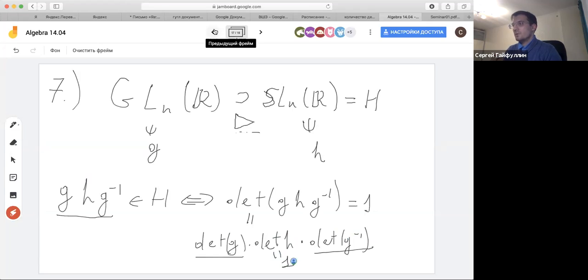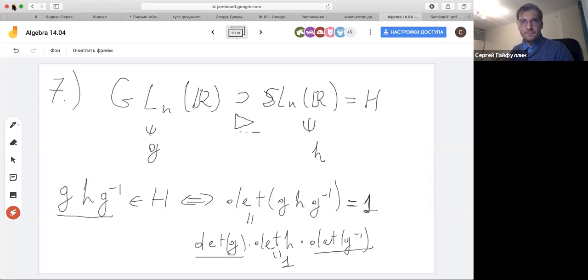So we obtained that this is equal to 1, and hence this belongs to H. So we showed that this is a normal subgroup.